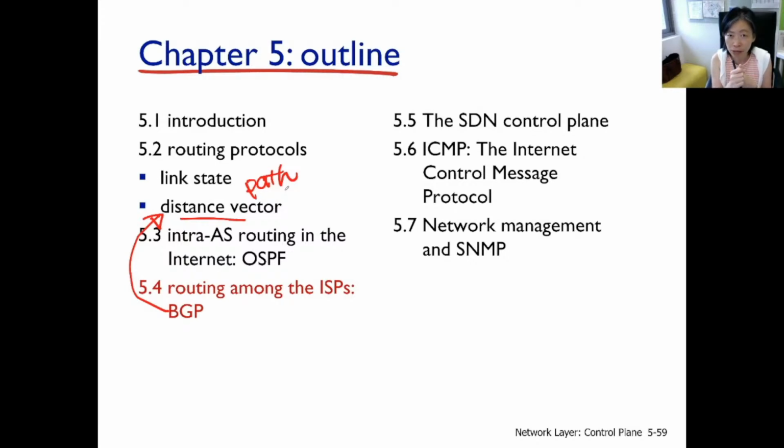In path vector, running at the inter-AS level, the source AS will track for each destination AS the entire AS level path. That inter-AS level path will contain all the intermediate ASs along the way from the source AS to the destination AS.